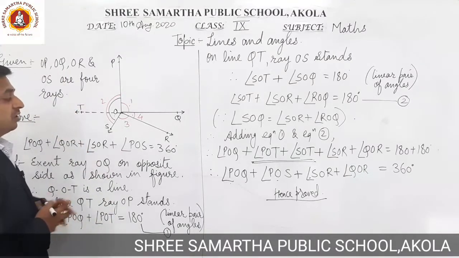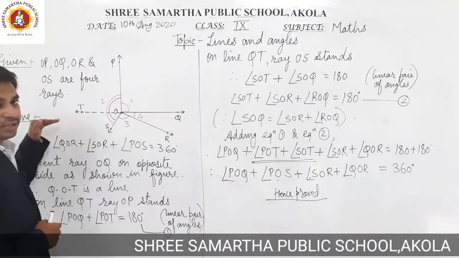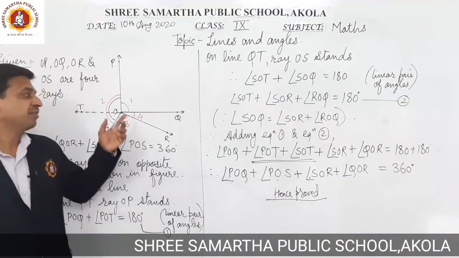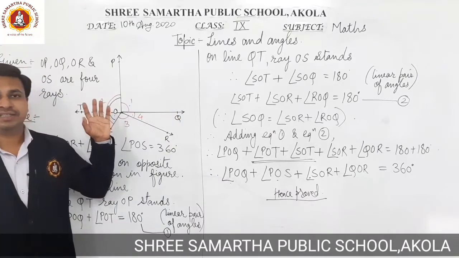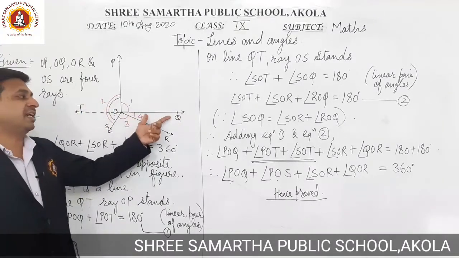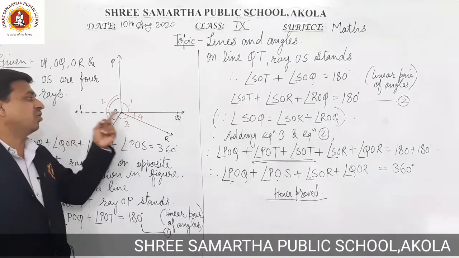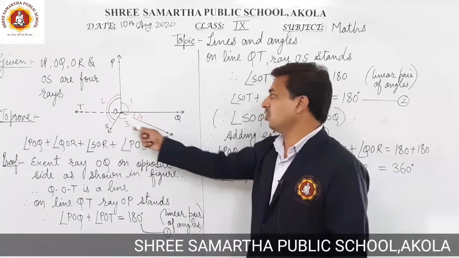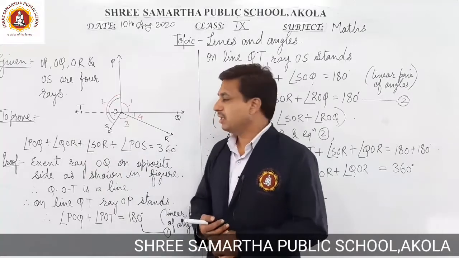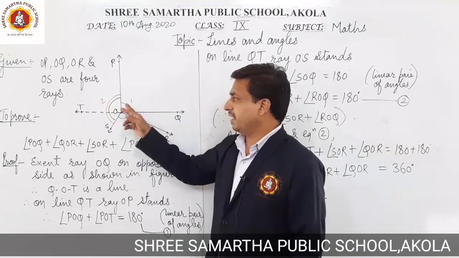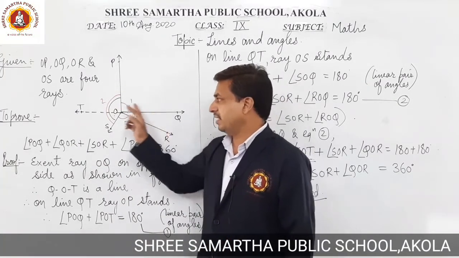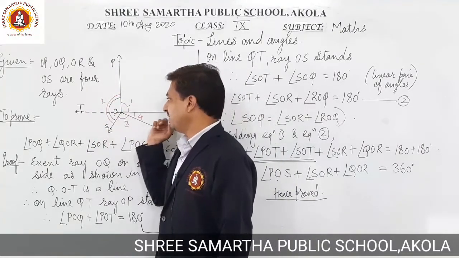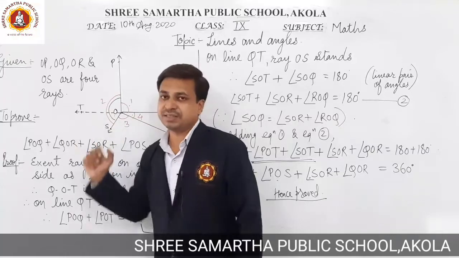Now to prove that the sum of all these 4 angles is 360, we have extended any one ray. So we have selected ray OQ, and we have extended this ray OQ. Now after extending ray OQ, angle 1 and angle POT, because if you extend this ray OQ, it will be a straight line.